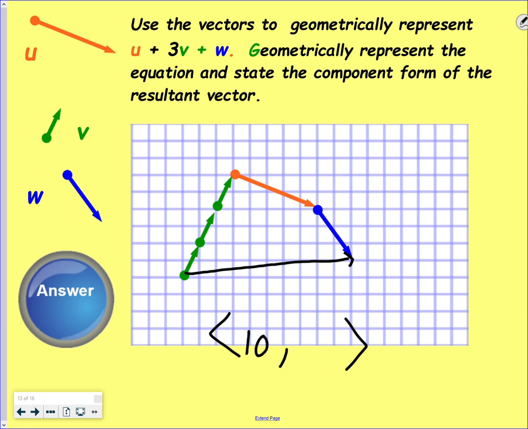How about your Y? From bottom to top. Just from this point up to the line where this point is. Oh, 1. I think so. Okay, so he's got 10, 1. All right. What do y'all think?